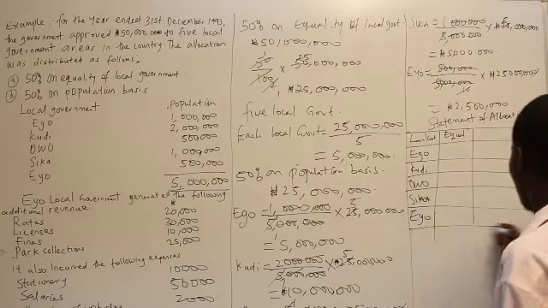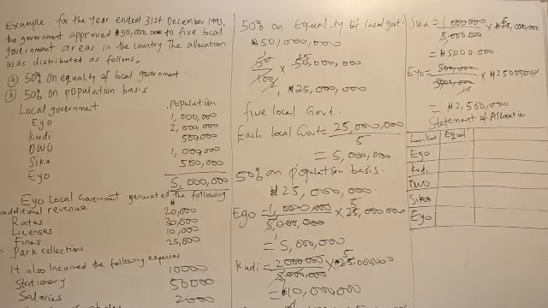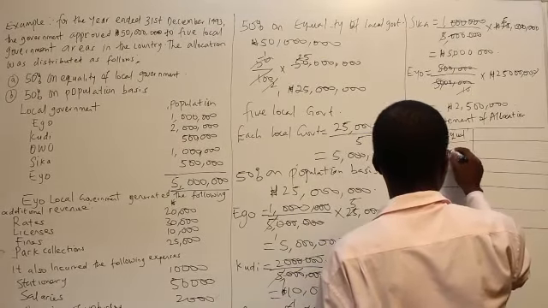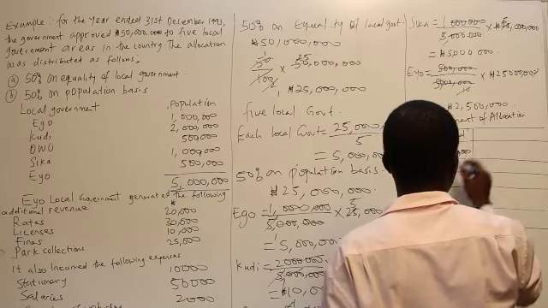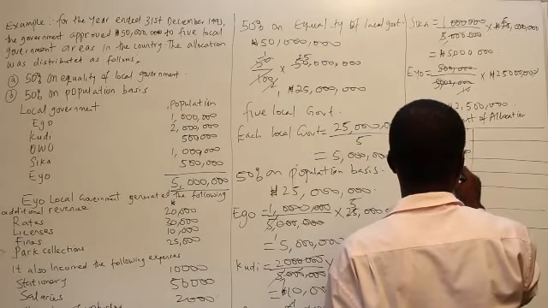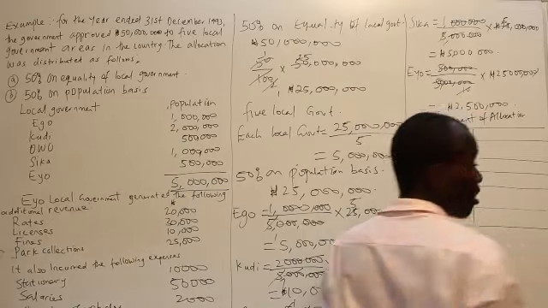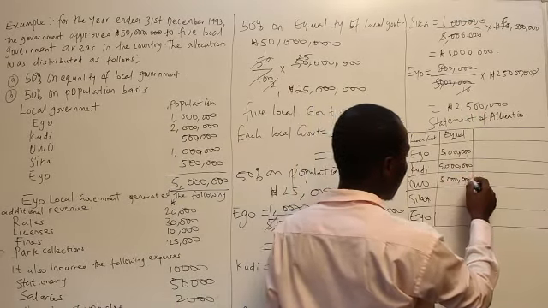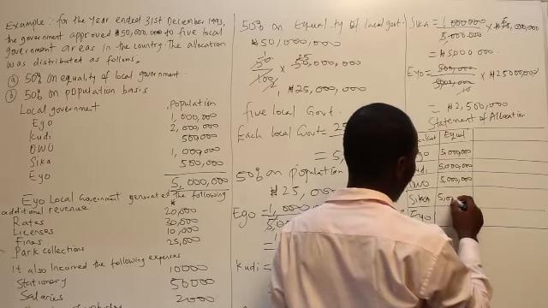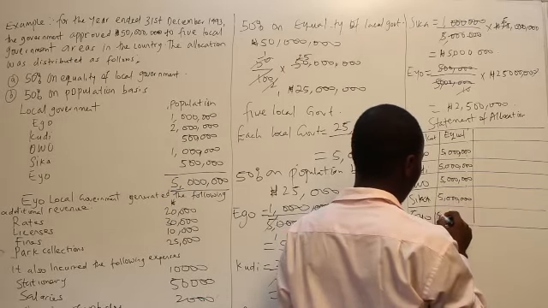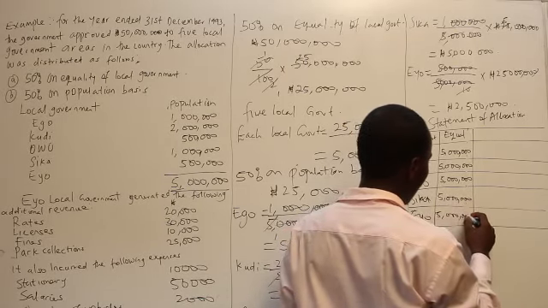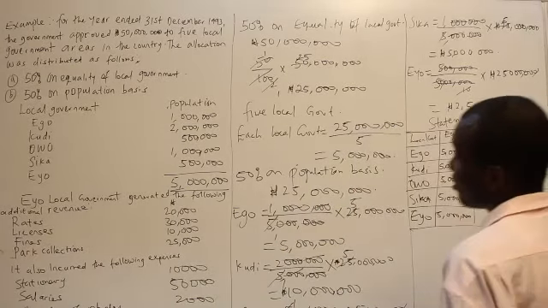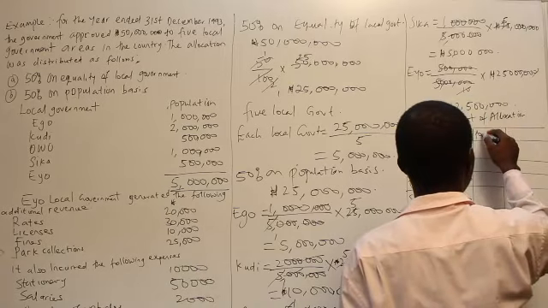On equal basis, each local government is going to receive 5 million naira. 5 million naira on equal basis. Now the next one is what other basis again? Population basis.